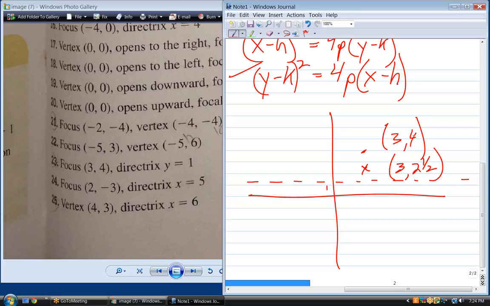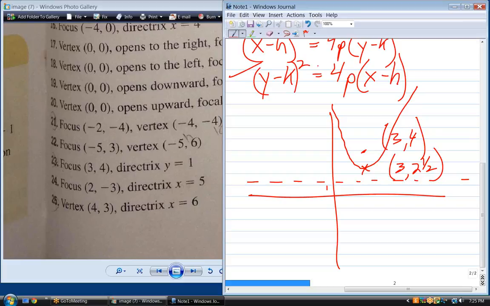Okay. 2.5 is 1.5 away from 4, and it is 1.5 away from this line, 1. So we know we're looking at a parabola like this. Our vertex looks right, our directrix looks right, we've got the vertex, so we need the equation.